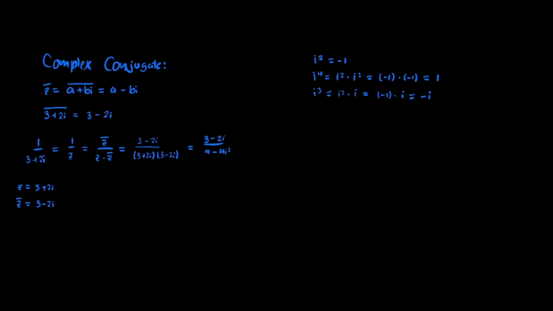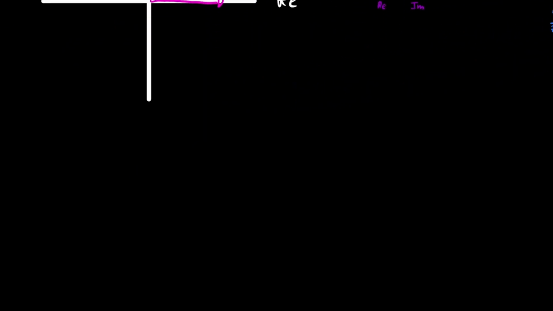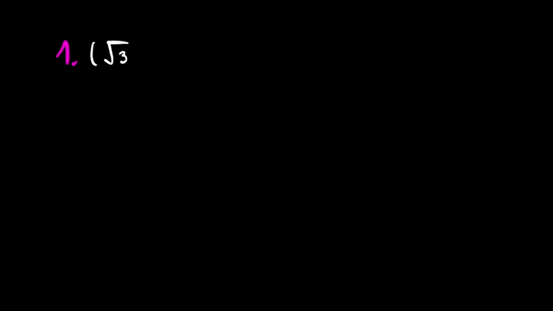Now, let's continue and try to do some exercises real quick. These are really easy. This is a good introduction to what we're doing right now. So let's go ahead and start. Let's do the first one, which is going to be denoted as square root of 3 plus i, cubed. And they're asking us to calculate the real and imaginary parts of the following expression.